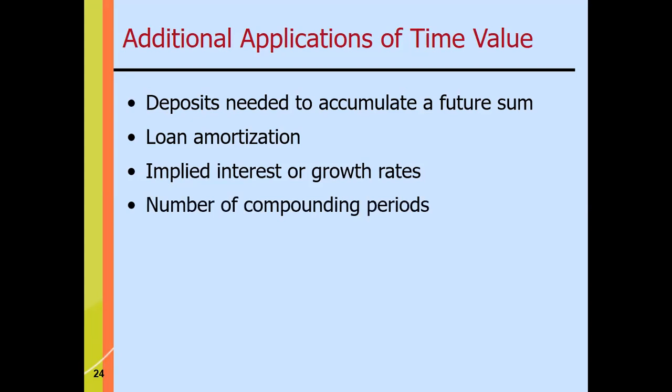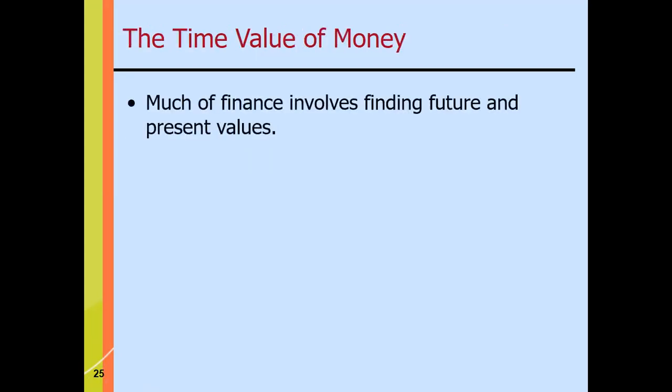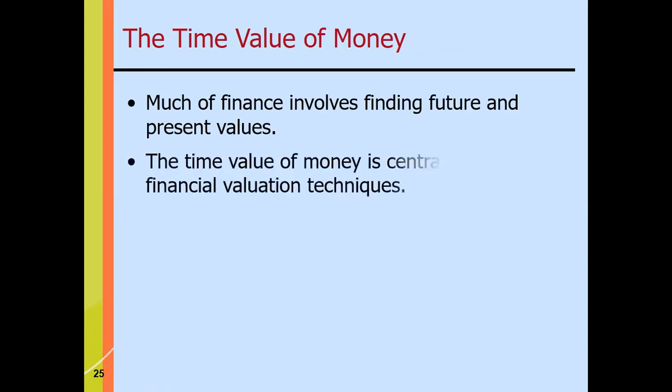Then the number of compounding periods will have an impact, of course, on our future value or even the present value, but compounding is more on the future value. So the more the amount is compounded in a shorter period of time, the greater the future value. Then in real life, especially for financial management or finance, that involves finding the future and present values.